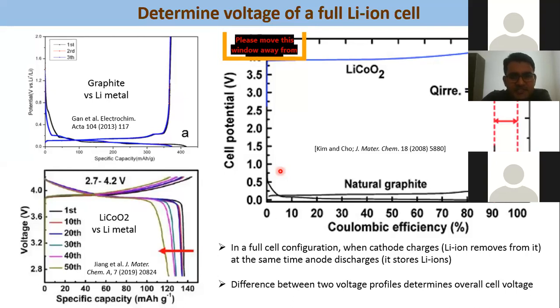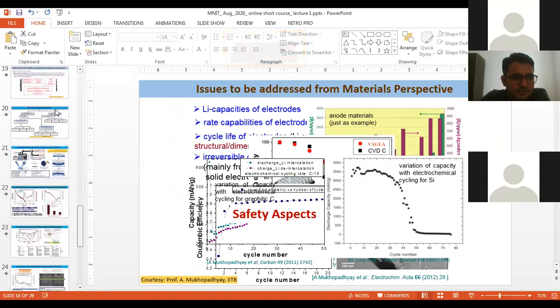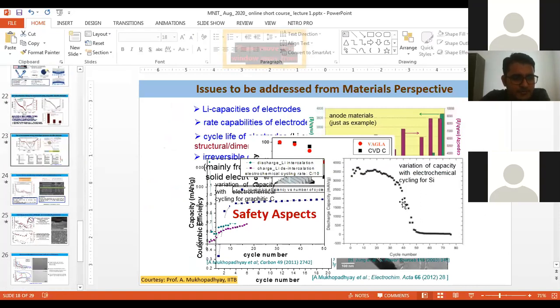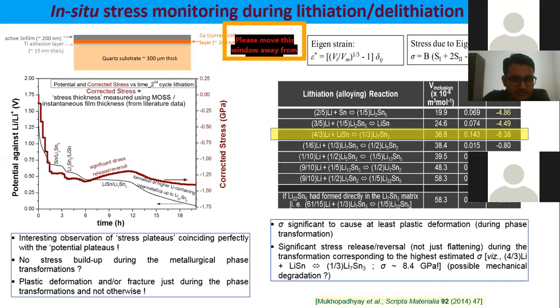Okay. So another query is: please elaborate on eigenstrain. The basic meaning of eigenstrain is the strain developed due to the formation of new species within the bulk of a material.